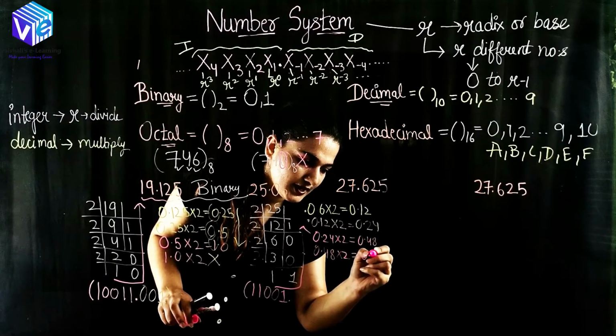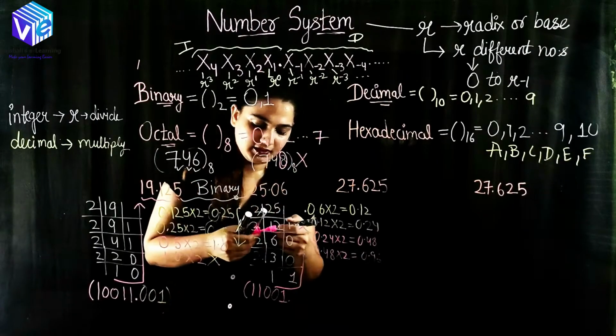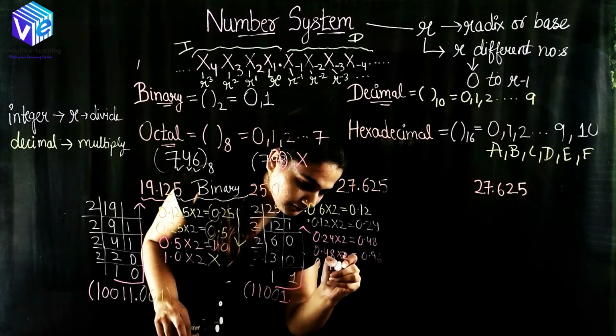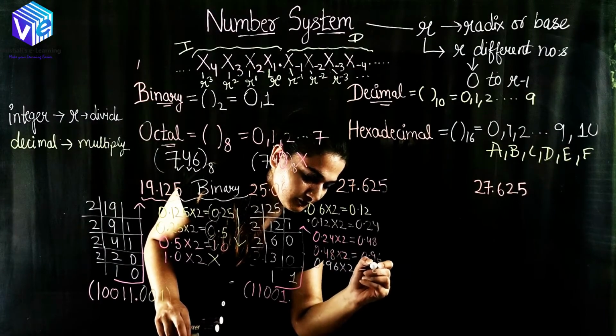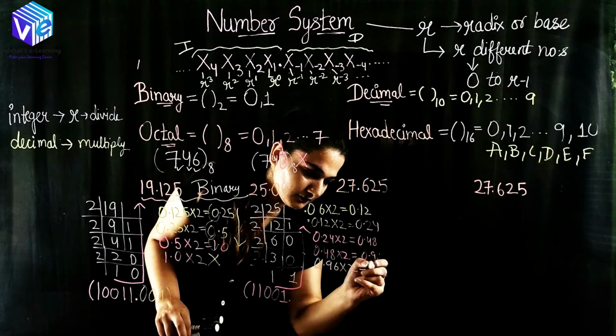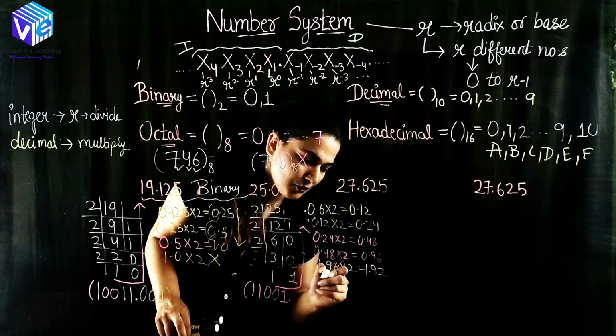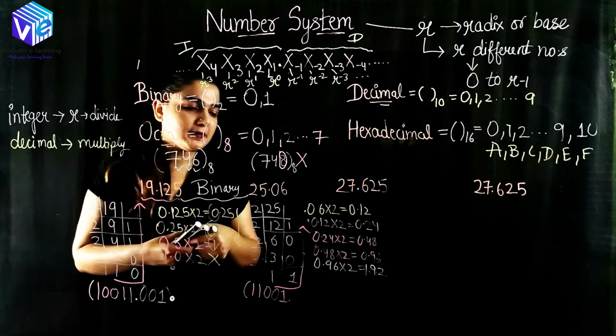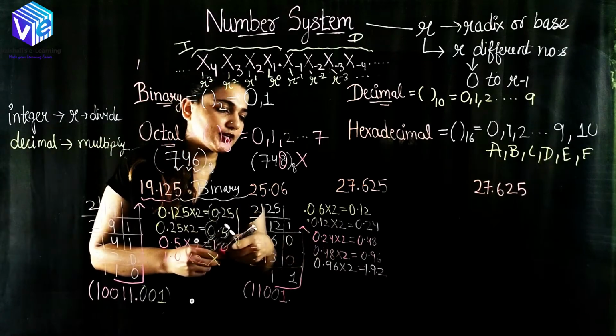I'll be getting 0.96. Now 0.96 is multiplied by 2. I'll be getting 1.92, and if I multiply 1.92 by 2, it will be a number greater than 2, so I will not consider it.